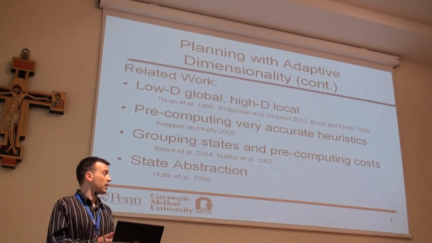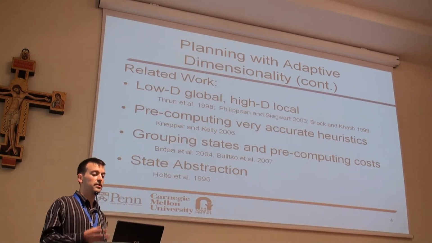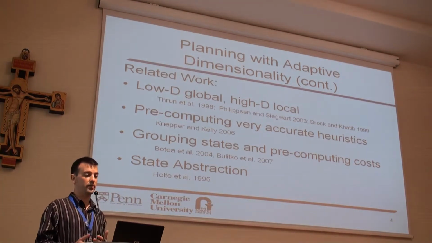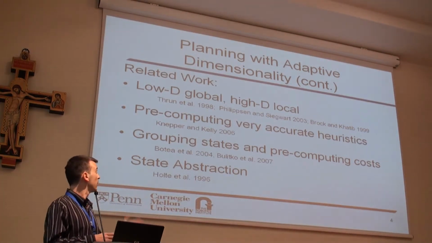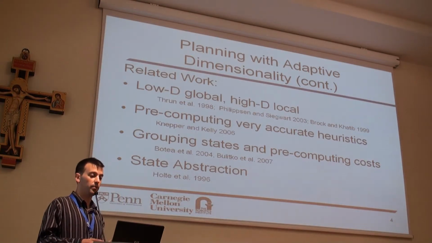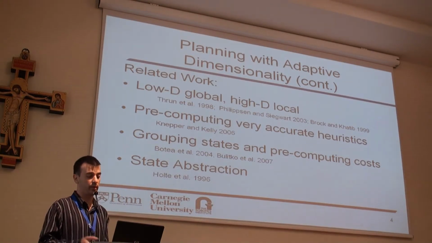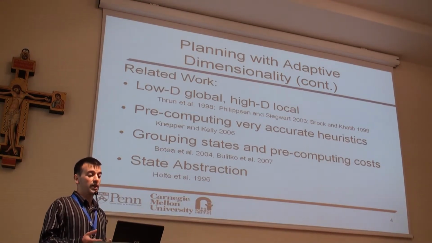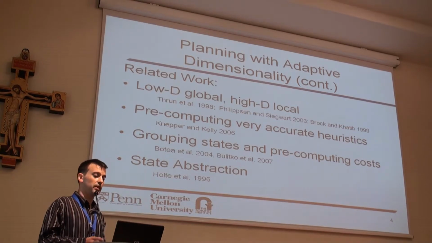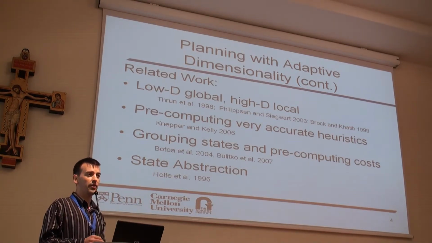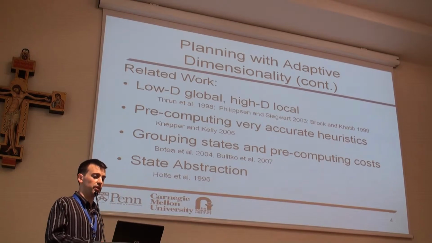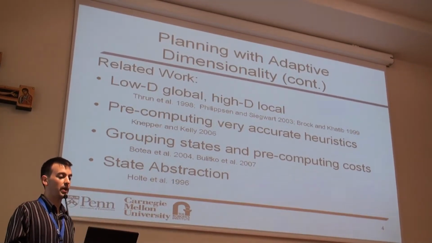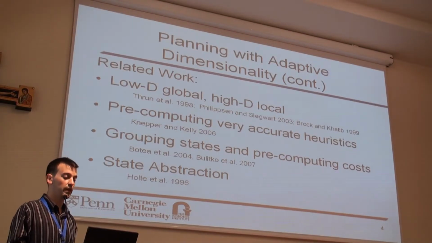Some related work: the main approach to reducing the dimensionality of the problem is to do low D global planning coupled with high D local planning, which is the most common approach in robotics. Another way to think about reducing the dimensionality is pre-computing very accurate heuristics by solving a low dimensional version of the problem and then using that to help a high dimensional planner come up with solutions quickly.